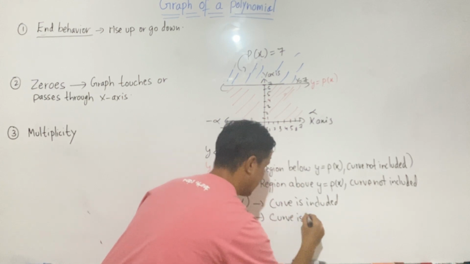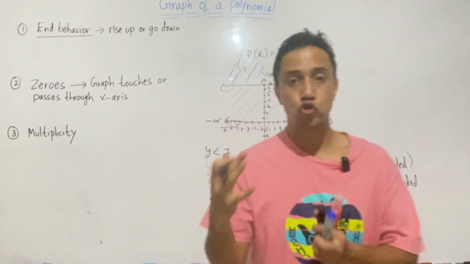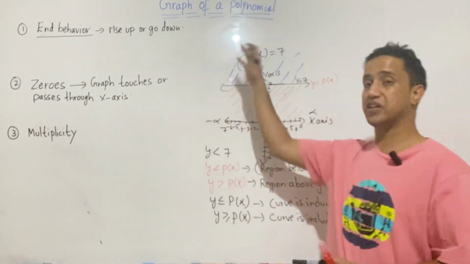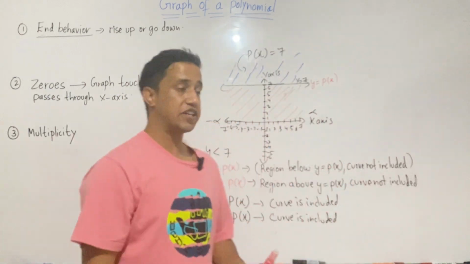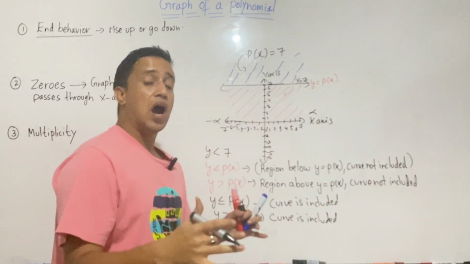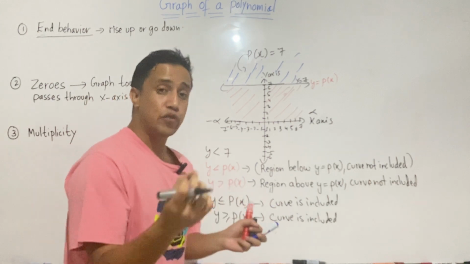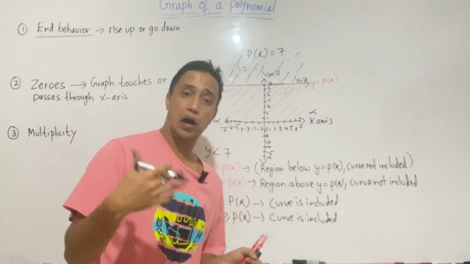I want to make sure that you understand how to sketch the graph, and if they give you inequalities you have to find the region, so you must know how to do that.